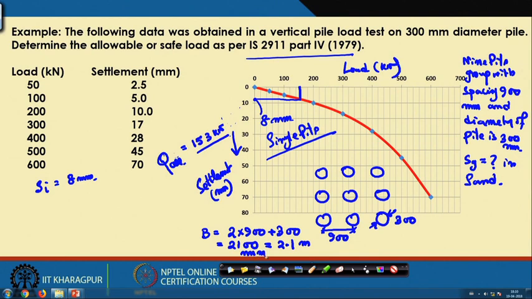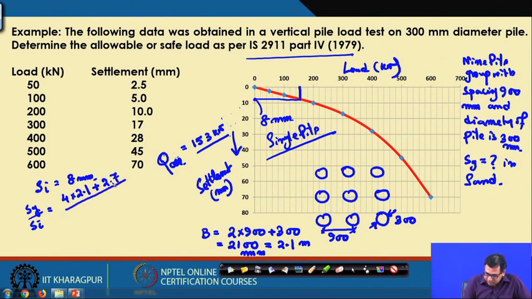If I use the Skempton equation, Sg by Si is equal to (4 into 2.1 plus 2.7) divided by (2.1 plus 3.6).